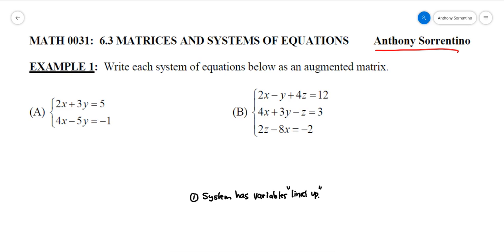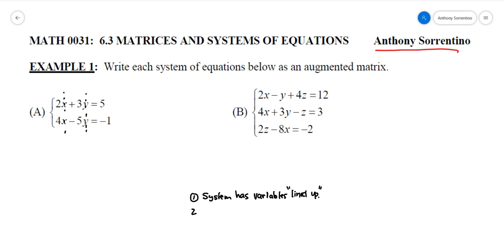That means I want to be able to see a solid column of x's, a solid column of y's, a solid column of z's, all lined up underneath each other. If I don't have that, I really should maneuver things around first to make sure that's happening. Now in A, it happens to be the case that it is happening.